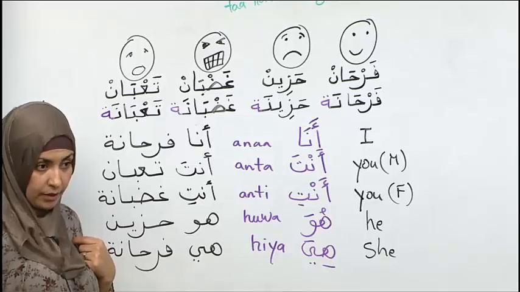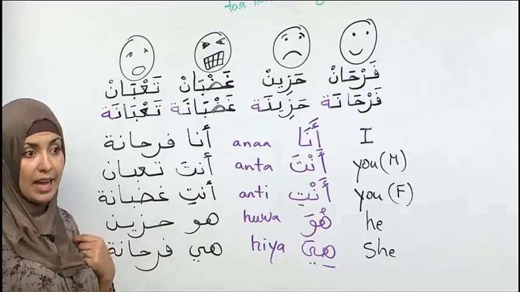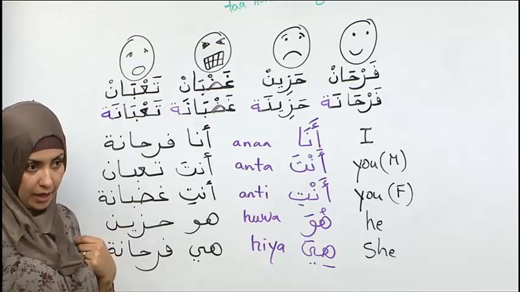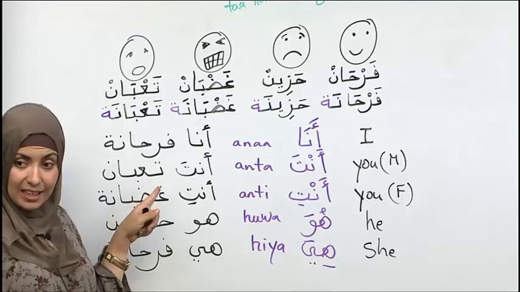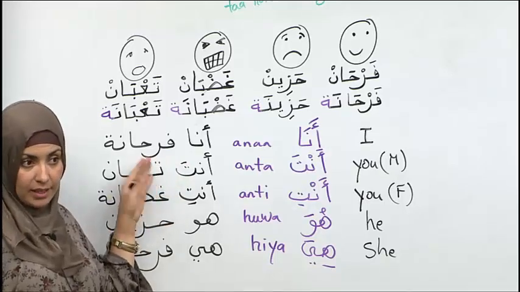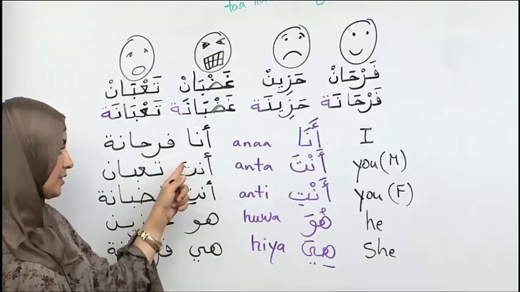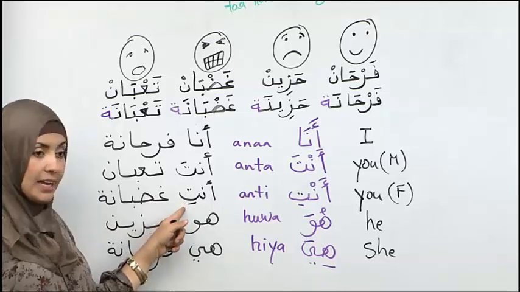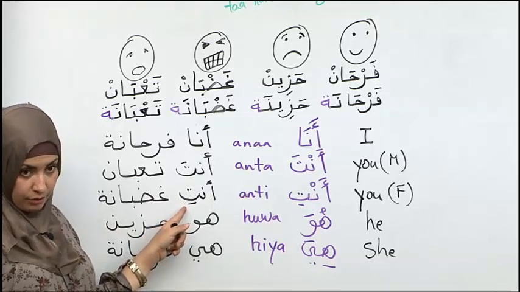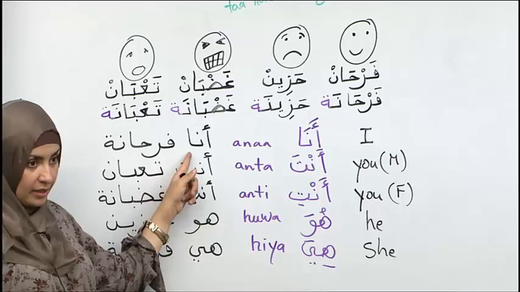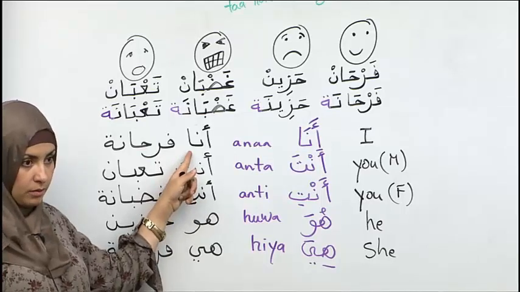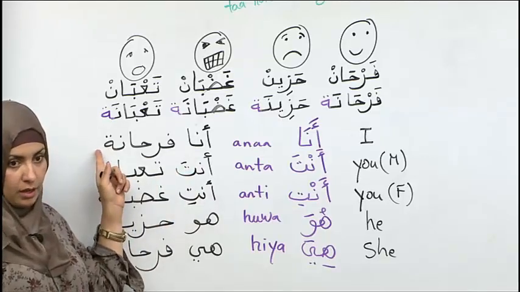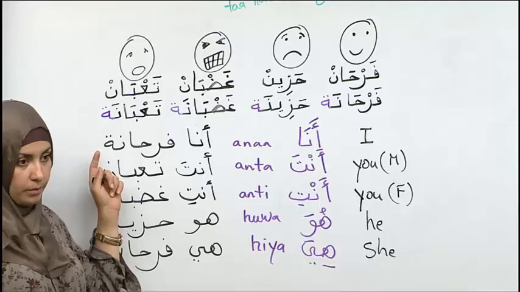If you're a male talking, أنا فرحان. But أنت identifies the gender. أنتِ identifies the gender female. أنا does not identify the gender. That's what I meant earlier. But the person who's speaking tells you by using the adjective that refers to him or her.